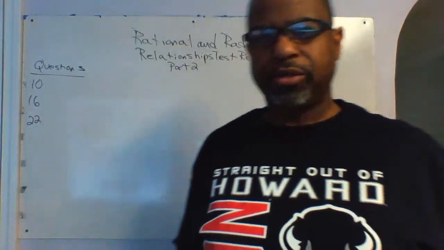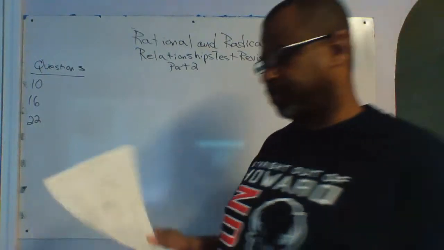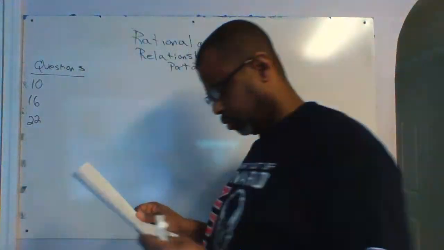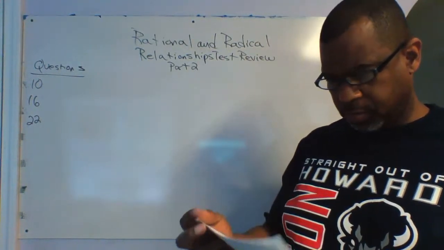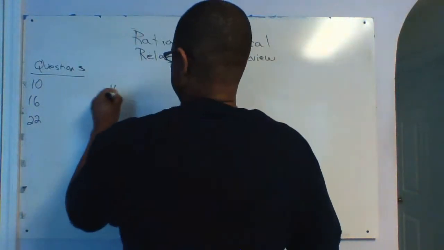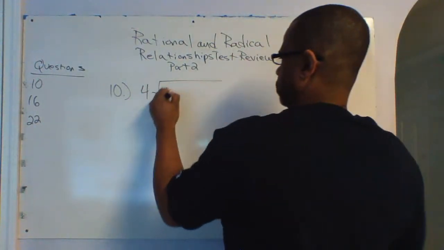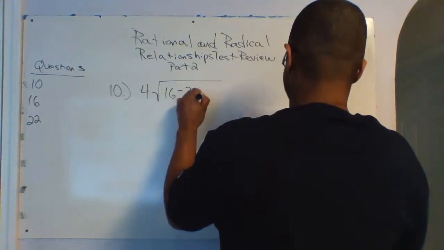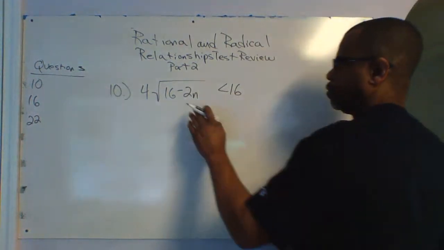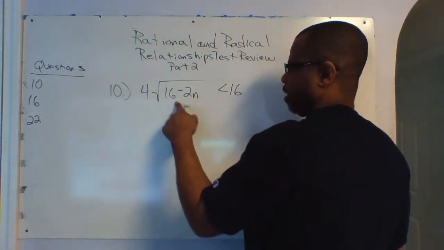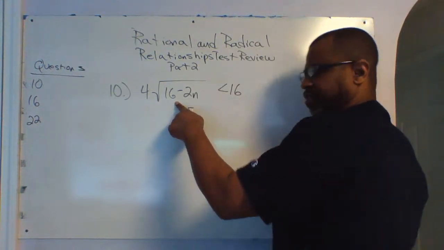All right, so we're going to go ahead and do number 10 and 16 and 22. We'll call it a wrap. Remember, when we do this we always have to check to see what the answer is, the middle report that we can use for this.